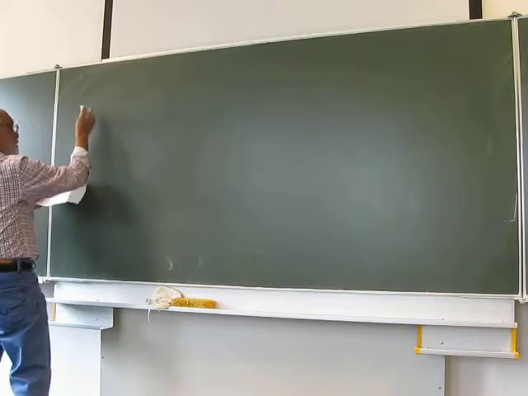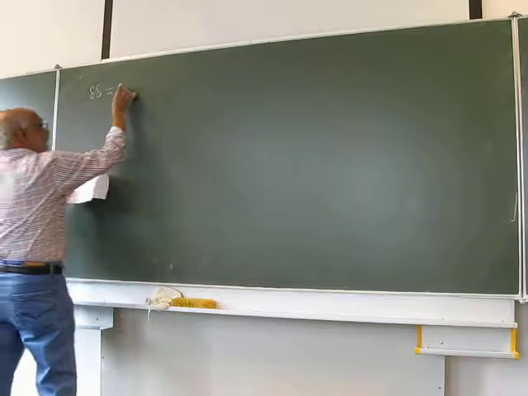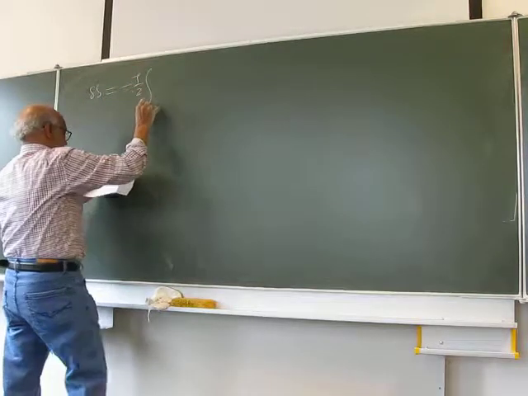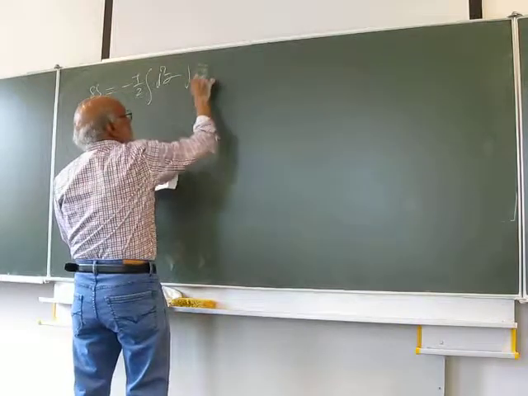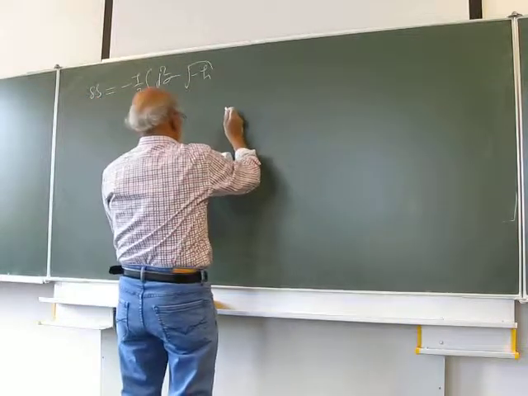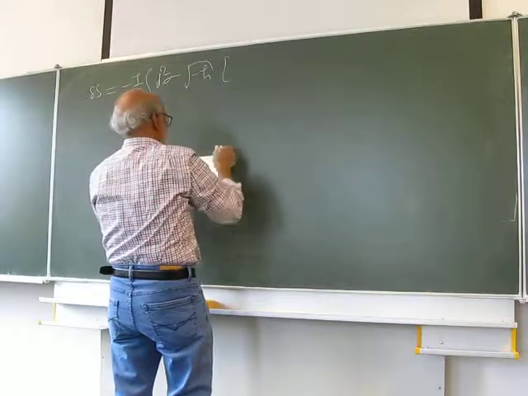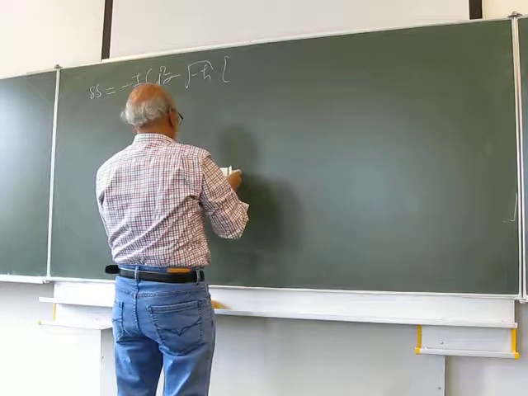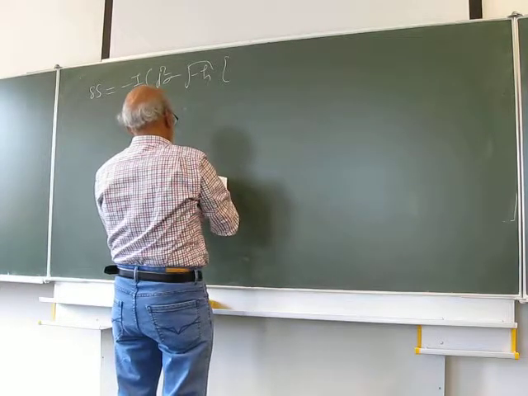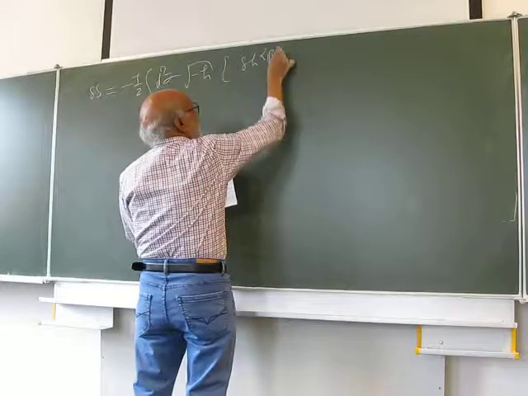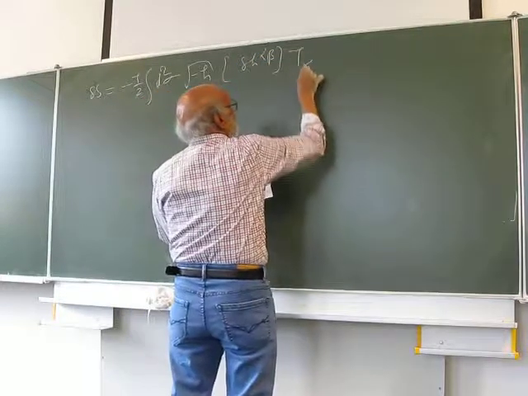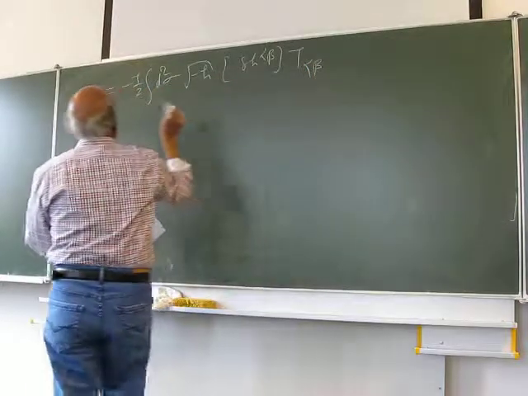So delta S is now minus the integral d2 sigma square root of minus h into T alpha beta times delta h alpha beta.